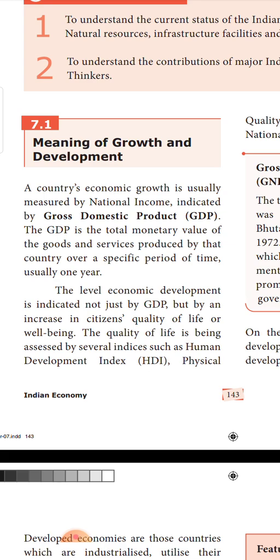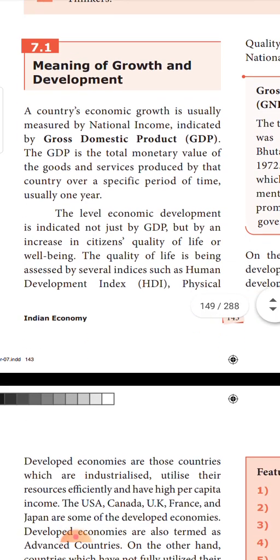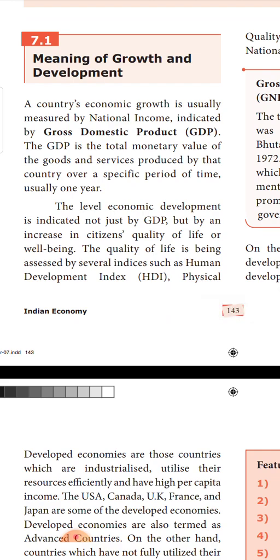This national income is indicated by gross domestic product, which we might have learned right from 9th standard. We have learned this topic under the heading of national income in the second lesson. Now, what is GDP? It is the value of all the goods and services produced in a year, giving a monetary value to all the goods and services produced in a specified period of time.